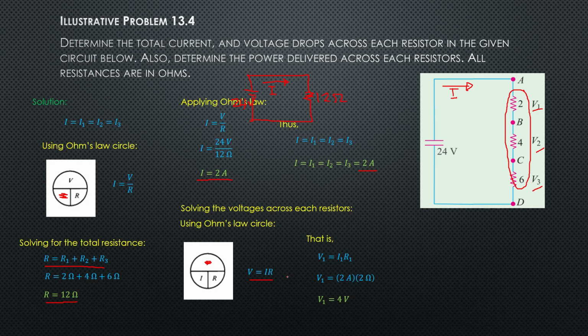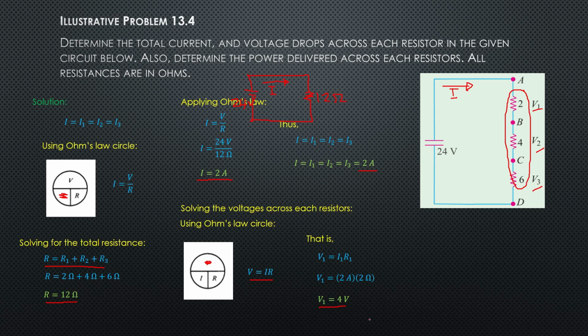For V1, that is I1 multiplied by resistance 1, and I1 is equal to I, which is 2 amperes. So 2 amperes multiplied by resistance 1, which is 2 ohms, gives us 4 volts.